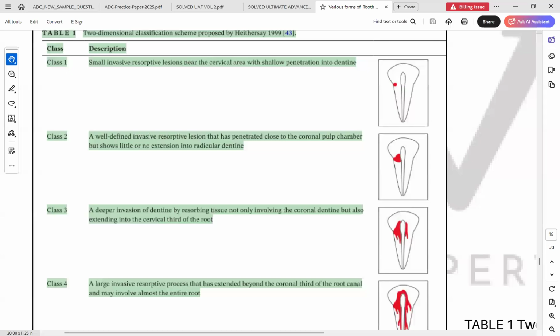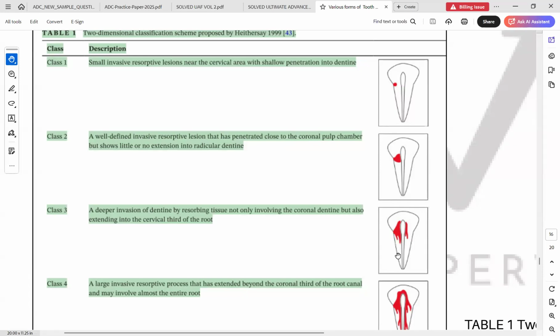So the first kind is the small invasive lesion just within the dentine. The second type has completely gotten into the dentine, but not into the radicular dentine; it is still in the crown portion only. Can you appreciate that? So first and second class only differ in size but still remain within the confines of the crown. The third class is where it has gone into the radicular dentine, going into the cervical third of the root.